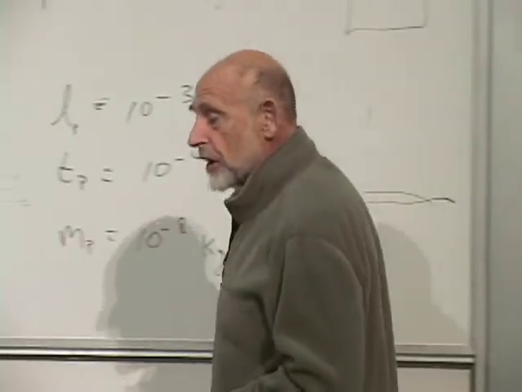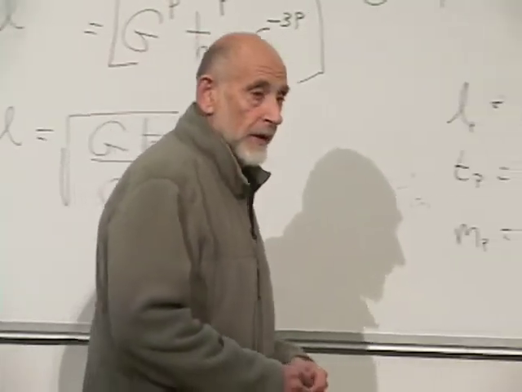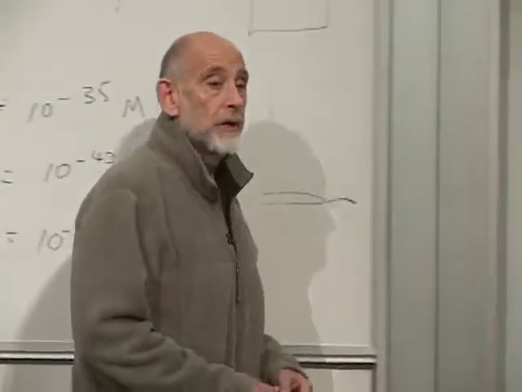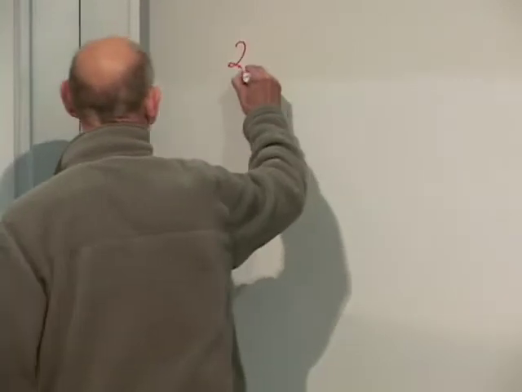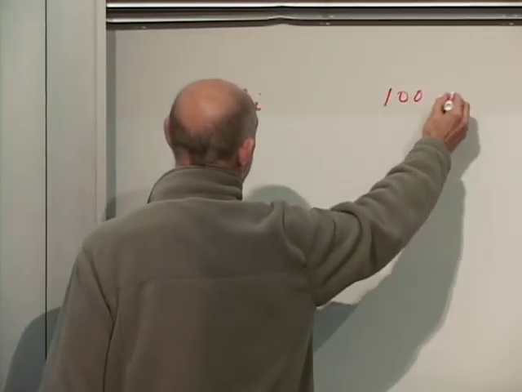In other words, you get a certain number of GeV per unit length. SLAC is a good example. It takes approximately 2 miles to accelerate a particle to 100 GeV. So 2 miles, 100 GeV.